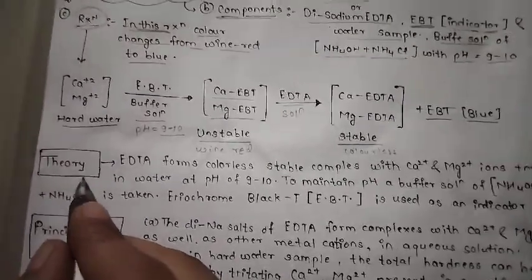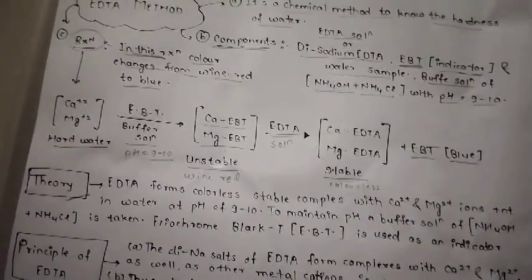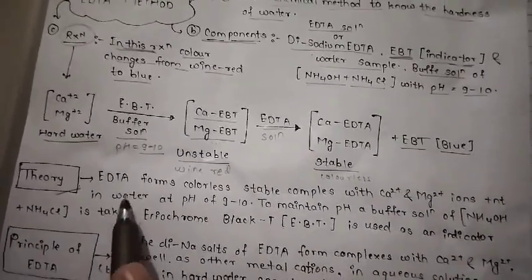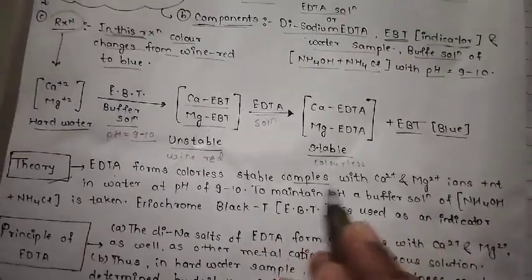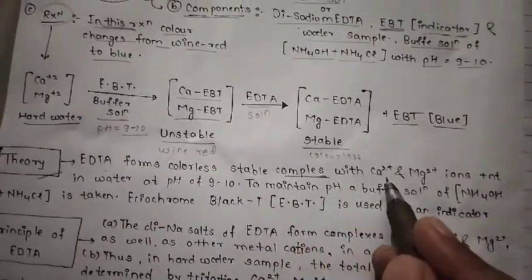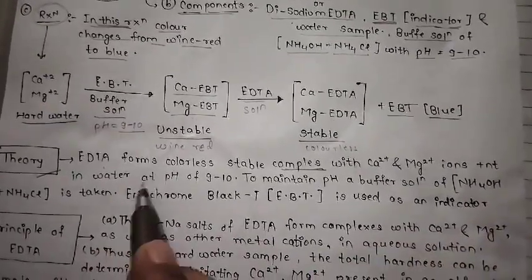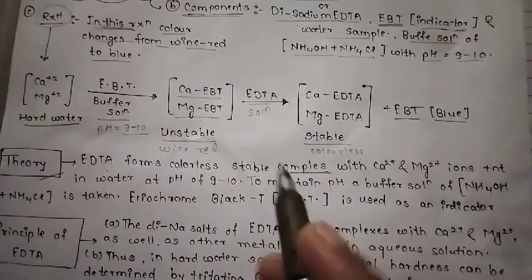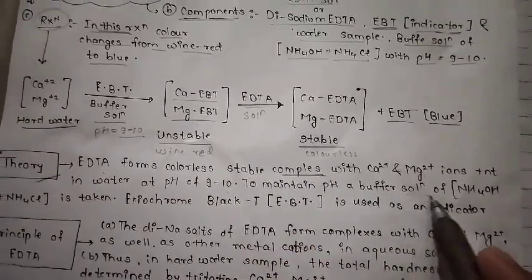Now we will discuss the theory. The theory behind the EDTA method is that EDTA forms a colorless stable complex with Ca2+ and Mg2+ ions present in water at a pH of 9 to 10. To maintain the pH, we have to take a buffer solution.